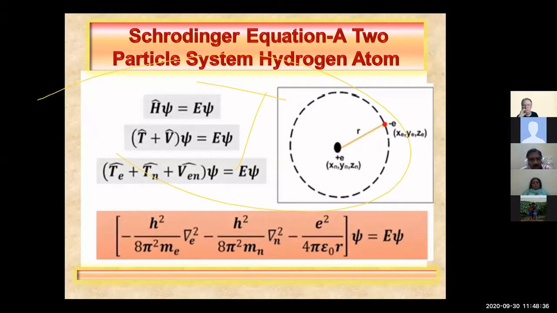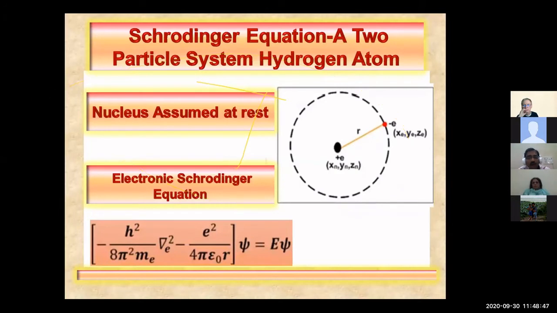Anyway, according to the Born-Oppenheimer approximation, the nucleus is assumed at rest. Therefore we end up with a Hamiltonian having only electronic terms, so it is called the electronic Schrodinger equation.